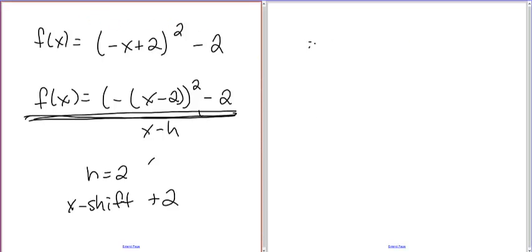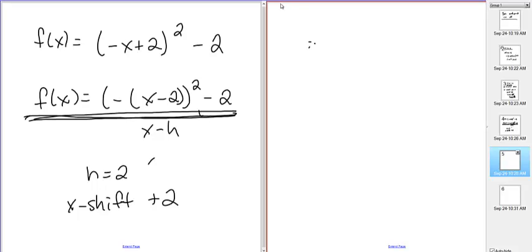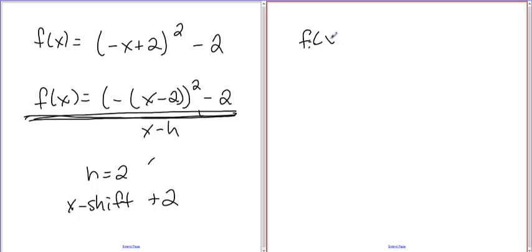Now, as far as the composite functions, let's work that problem out. There were 2 versions, so I'm going to use this particular version. f of x equals x squared plus 3. g of x equals the square root of x minus 2.